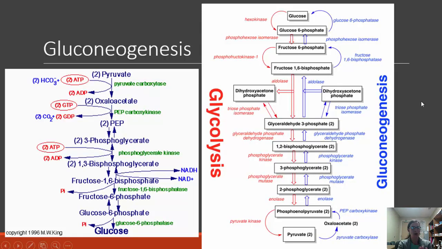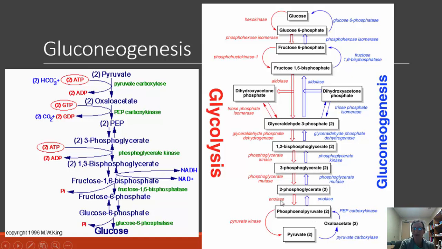All right, so again, don't get scared. So here were our glycolysis steps, where we're breaking down glucose all the way to pyruvate. Well, in gluconeogenesis, almost everything is the same. You can see a lot of the enzymes are even the same, but we're just moving in the other direction.